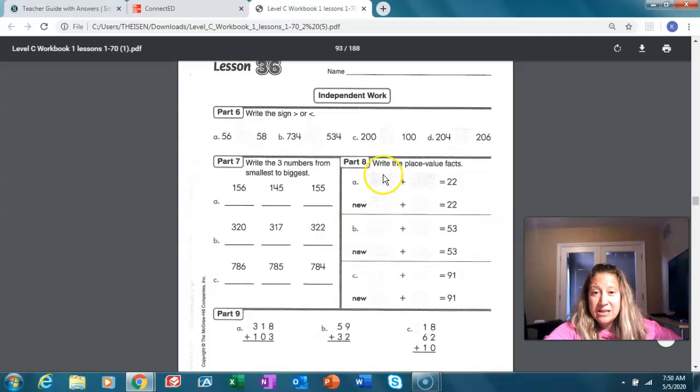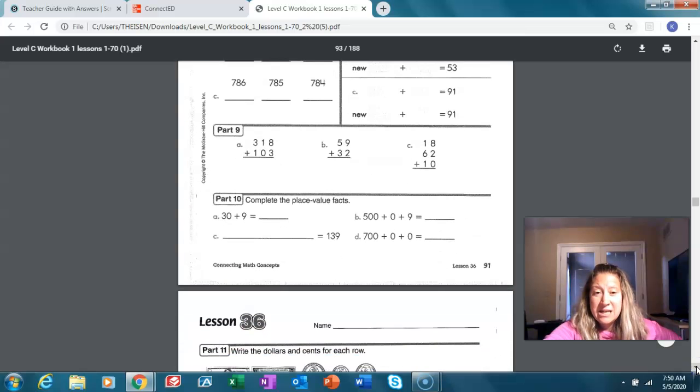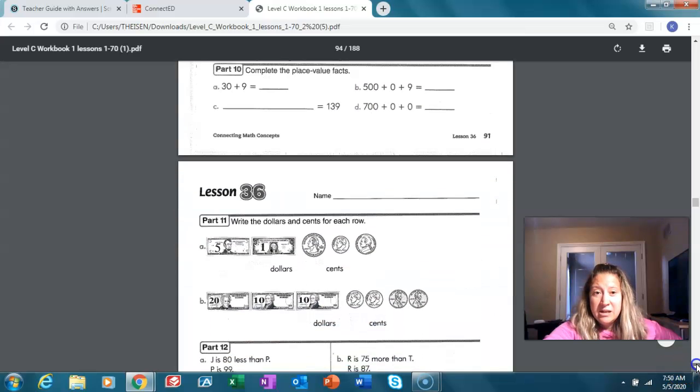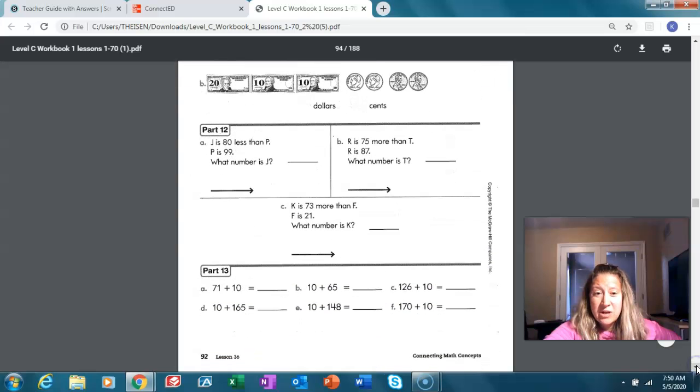For part 8, you're going to write the simple place value fact on the top, and then the new place value fact on the bottom. For 9, you are going to do the addition. And 10, you are going to complete the place value facts. 11, you're going to write the dollars and cents. 12, you're going to work the story problems. And 13, you have adding 10 to a number.